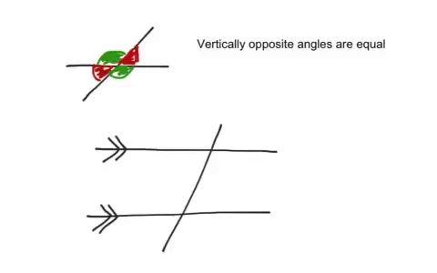So if we have a pair of parallel lines and a transversal, what we can very quickly find out is that if we know one angle, we can work out every other angle. Because if we know this angle here, I know that this angle is vertically opposite.